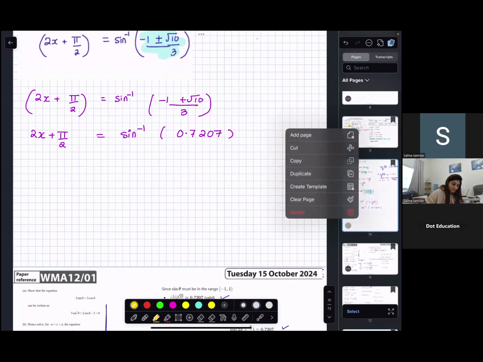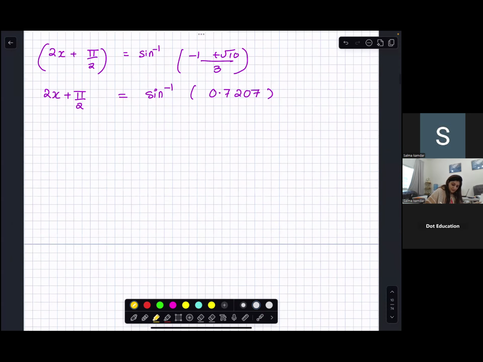Now, since I'm giving all my answers in rad, the sine inverse of this in rads, that is 2x plus pi by 3, I'm sorry, is going to be 0.805 rad.